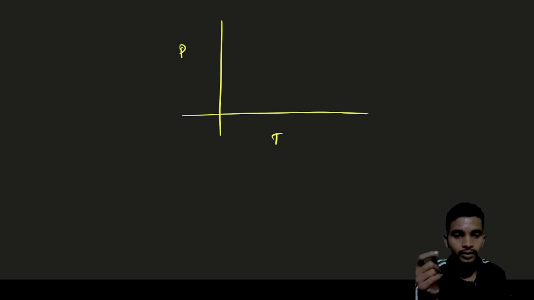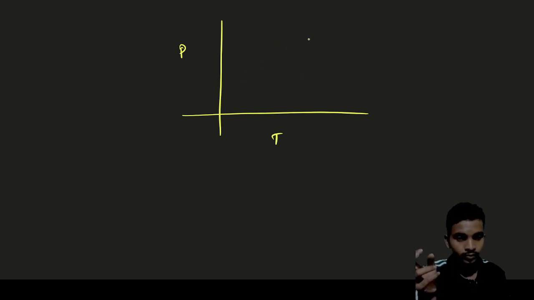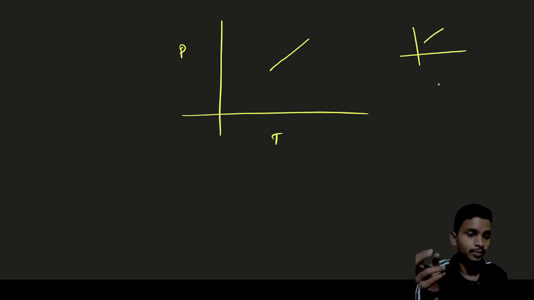Let me draw it in a good manner. Positive slope means I like to draw like this. I have drawn a little beautiful picture. This is the positive slope, and if it comes from like this, then this is negative slope.